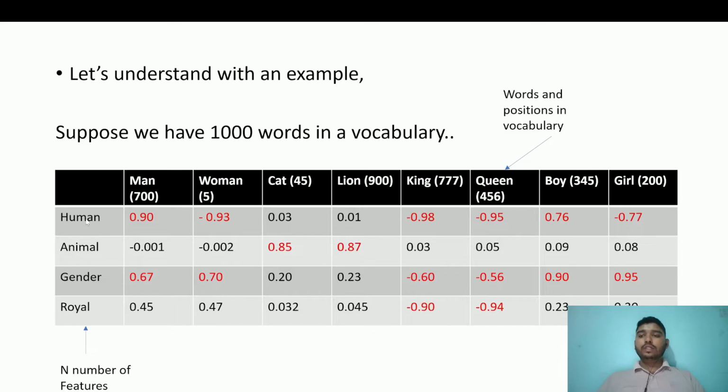Now here you can see that corresponding to the animal feature, cat and lion have a higher value and the rest have lower values, right? Likewise gender and royal also. You can see the royal feature is highly related with the words king and queen.